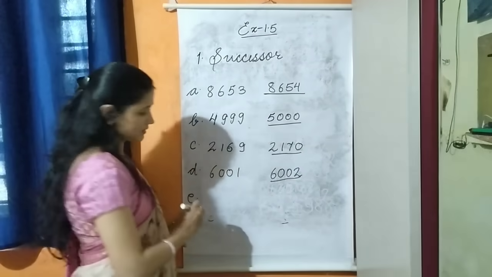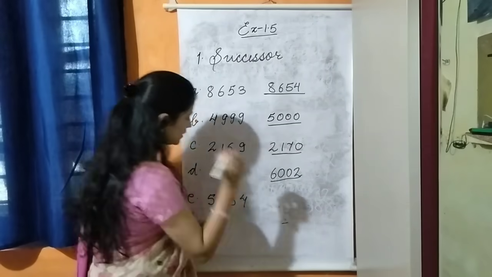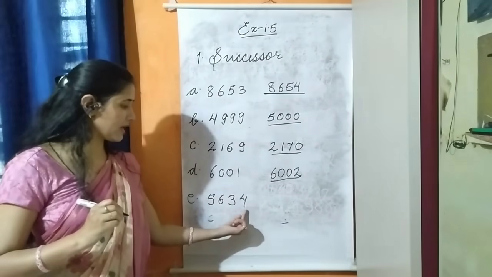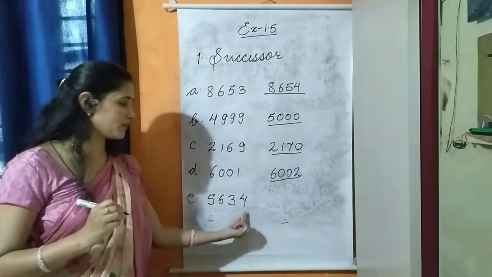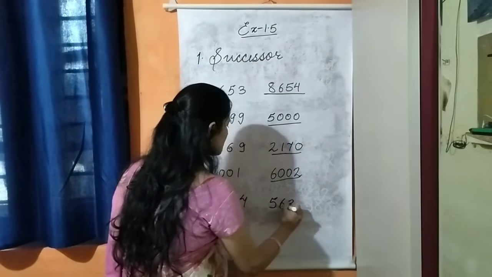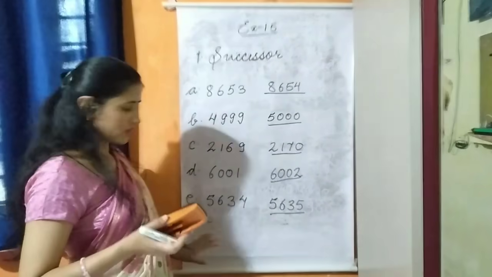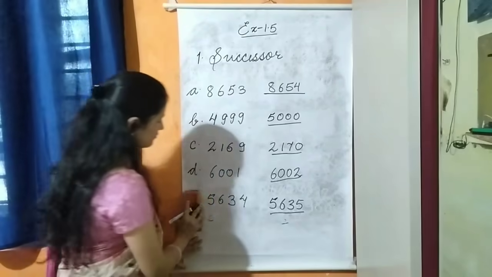E is 5634. When we add 1 with this 4, it will become 5, and your answer will be 5635. Okay, students, now we have to do F, G and H.